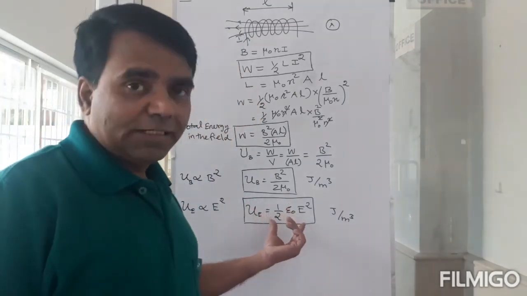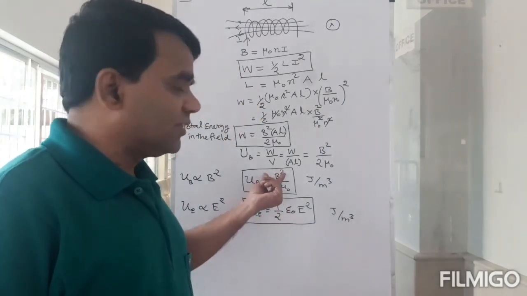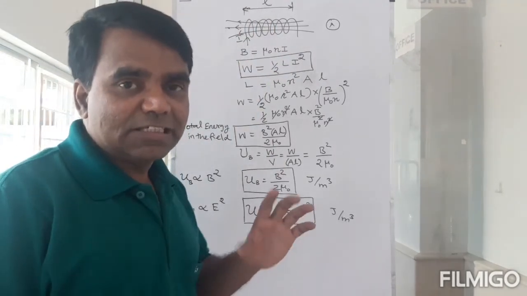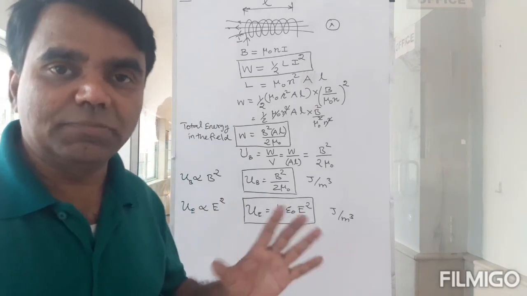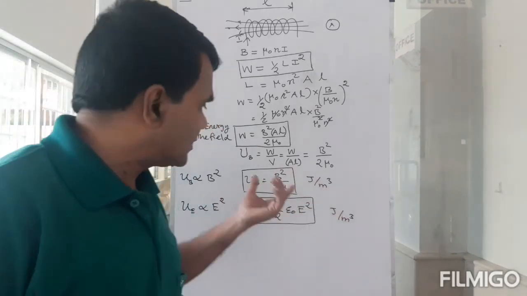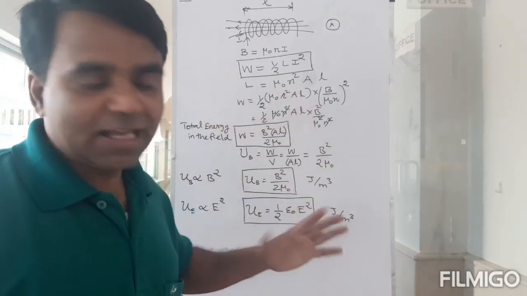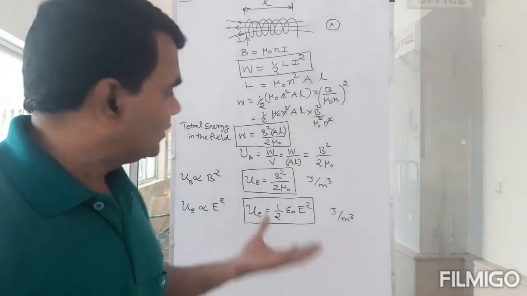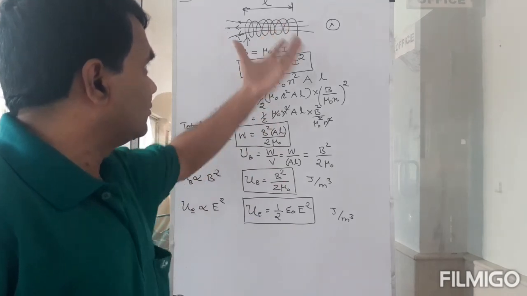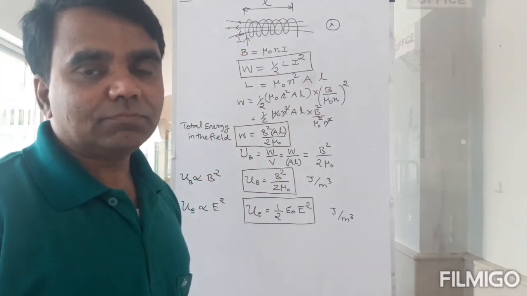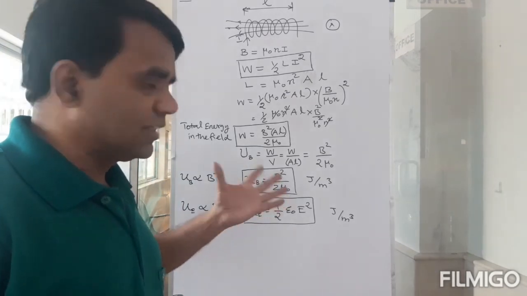We did this for a parallel plate capacitor, and we have done this for a solenoid. They seem like special cases, but that is not true. This will hold good for a capacitor of any shape and a coil of any shape. It doesn't really matter.